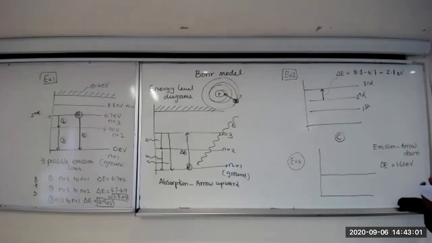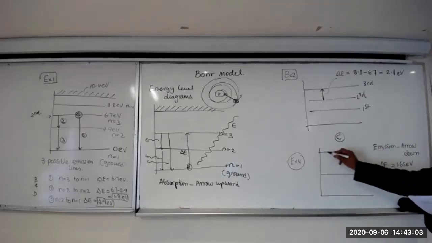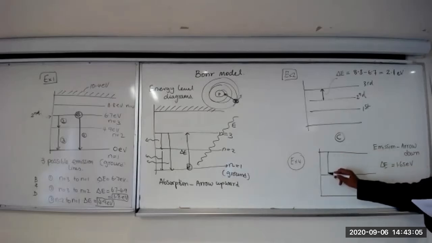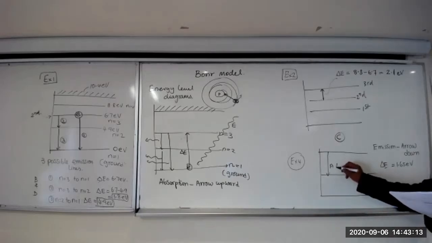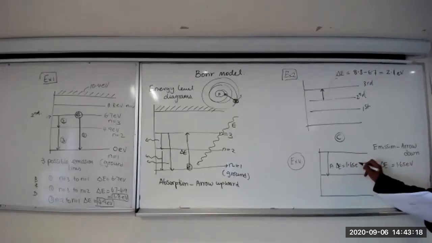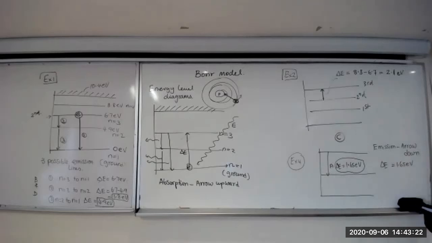So you can see the only possible one would be A. All the others are not possible. You can't have lines in between. So that gives you an energy difference of 1.65. The answer is A.